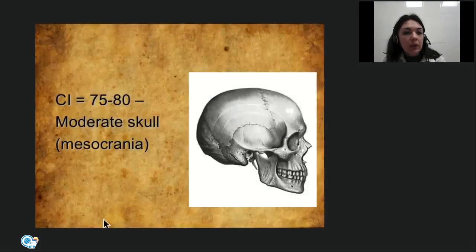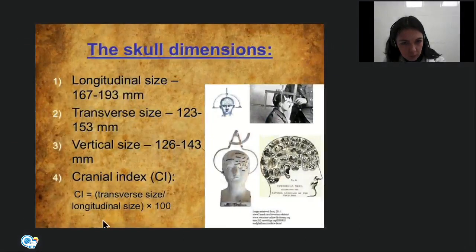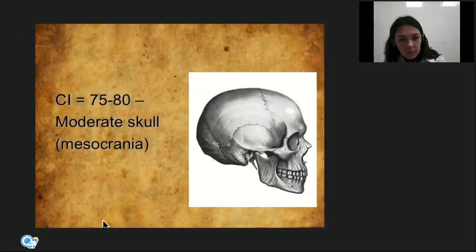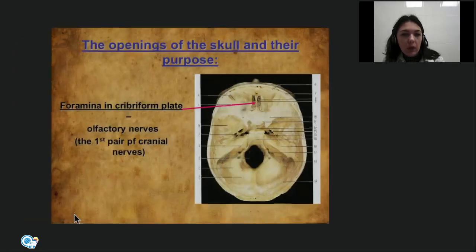Then if cranial index is 75 to 80, then it is a moderate skull or mesocrania. And then if cranial index is more than 80, then it is a short and wide skull. It is brachycrania. So these are three types.